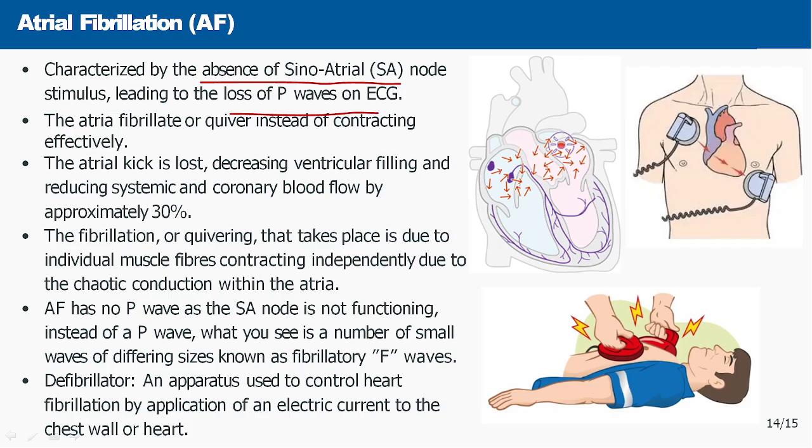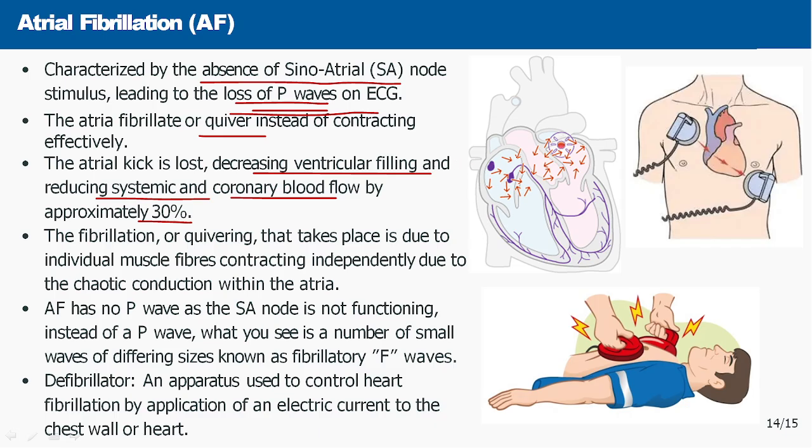If there is no strong SA signal, no action potential at the SA node, then we cannot get this P wave on the ECG curve. The atria fibrillate or quiver instead of contracting effectively. You can mark this wave: the muscle will just quiver, and the atrial kick is lost, decreasing the ventricular filling and reducing systemic and coronary blood flow by approximately 30%.